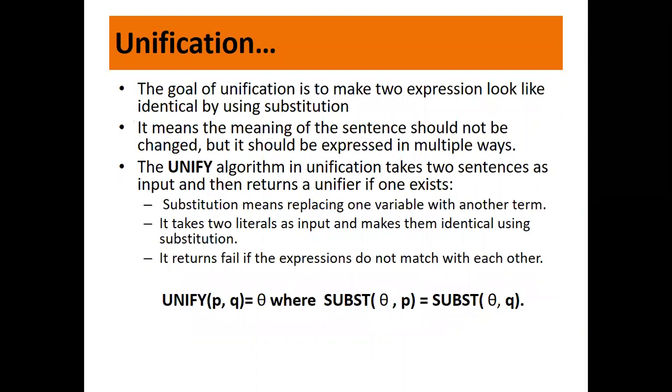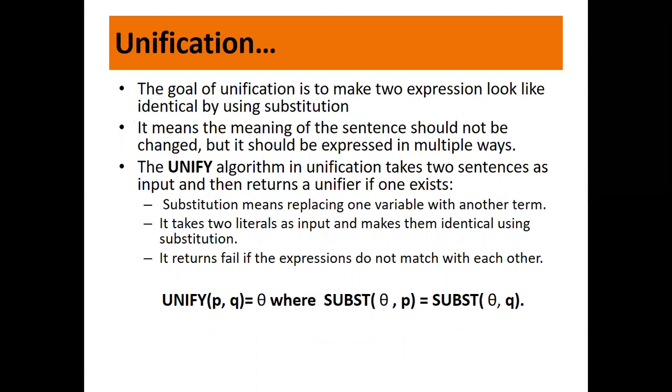The goal of unification is to make two expressions look identical by using substitution. It means the meaning of the sentence should not be changed, but it should be expressed in multiple ways. Whenever you are substituting the value of the variables, the meaning of the statement should be the same.